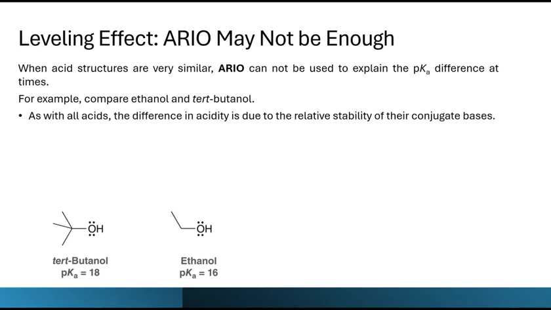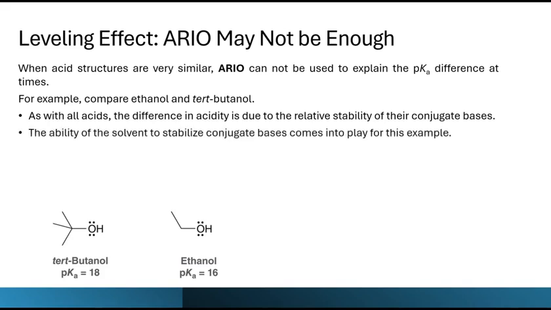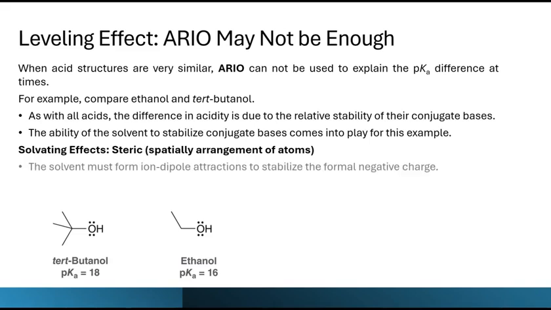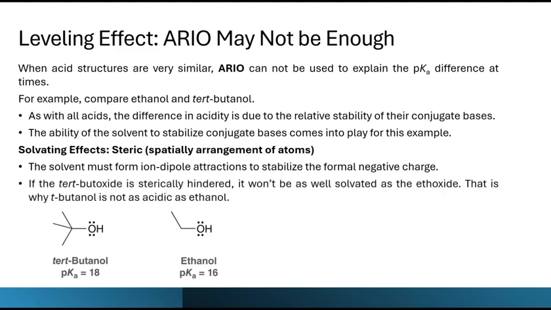With all acids, the difference in acidity is due to the relative stability of their conjugate bases. The ability of the solvent to stabilize the conjugate base will come into play in this example. This is called solvating effects, or sterics, the spatial arrangement of the atoms. The solvent must form ion-dipole attractions to stabilize the formal negative charge, or it must surround that negative charge.